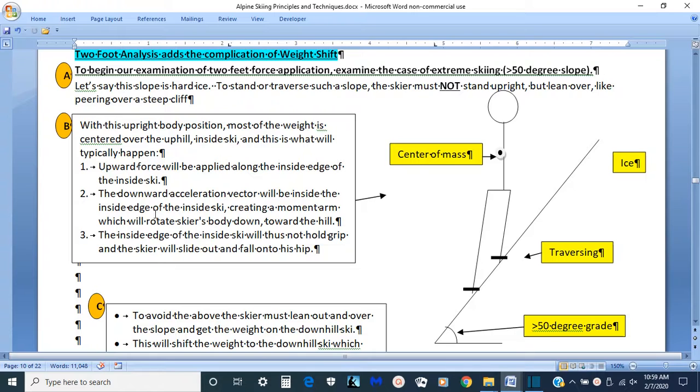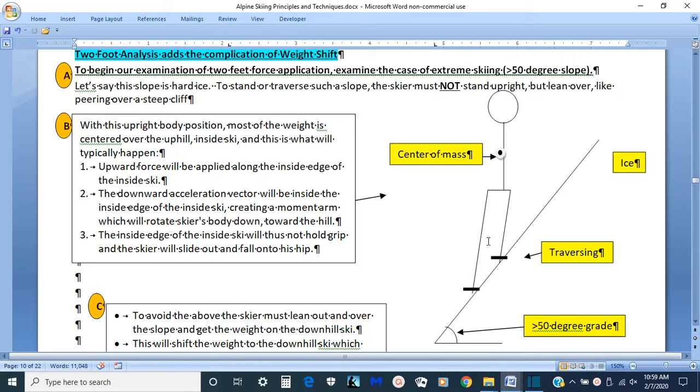The downward acceleration vector will be on the inside edge of the inside ski, creating a moment arm that will rotate the skier down, right? So this can be on the inside of that force vector, and it's going to cause you to slide out like this.